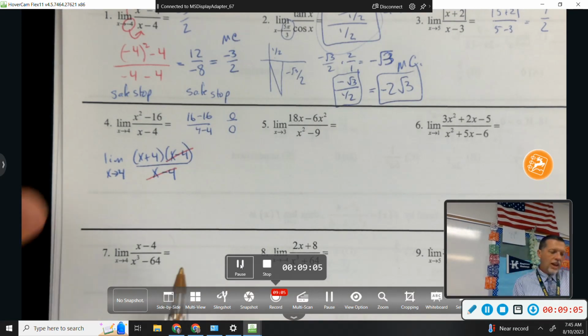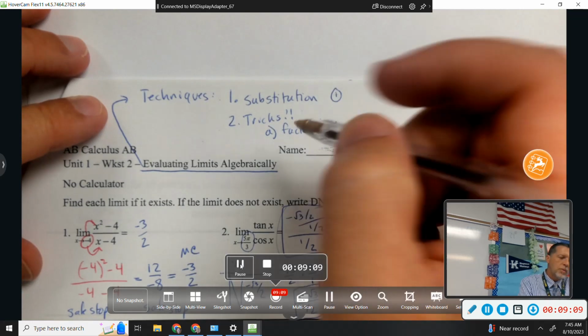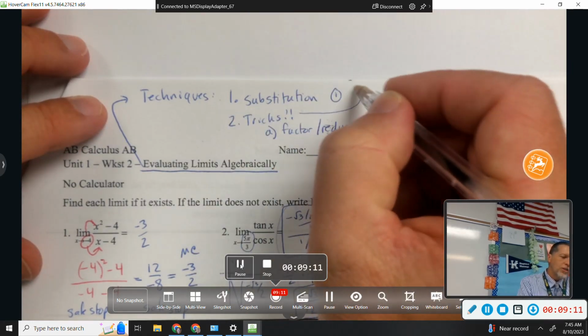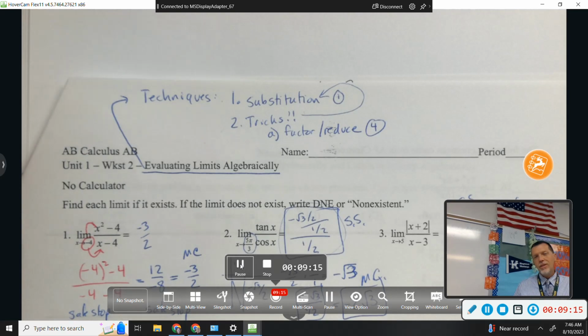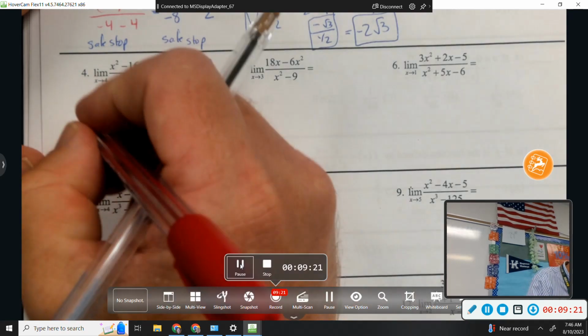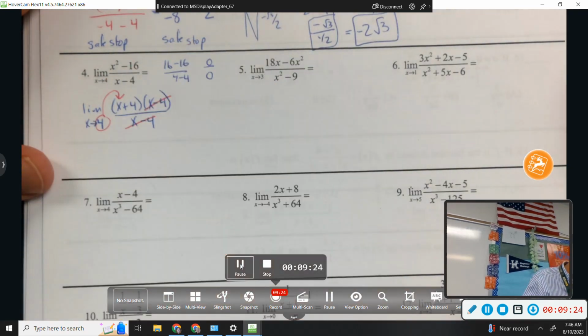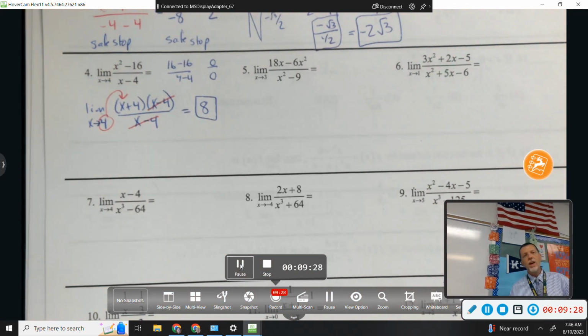And then after we factor and reduce, it always comes back to substitution. So after you do the tricks, you're going to still substitute. So you're always substituting. Maybe it works, maybe it doesn't. You do the trick, and then you substitute again. So let's plug in 4. 4 plus 4 is 8. Okay, easy problem.